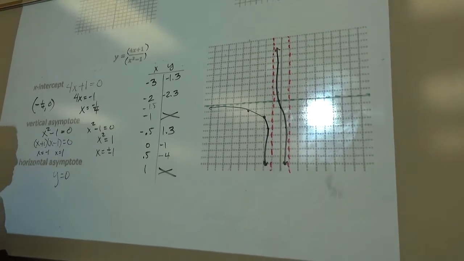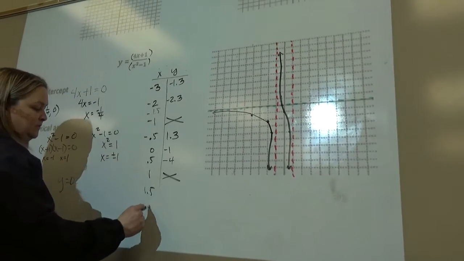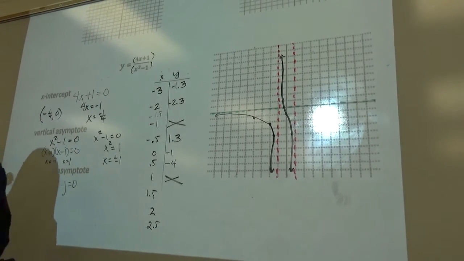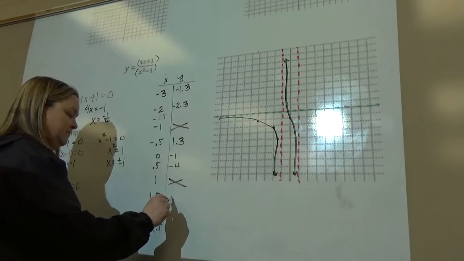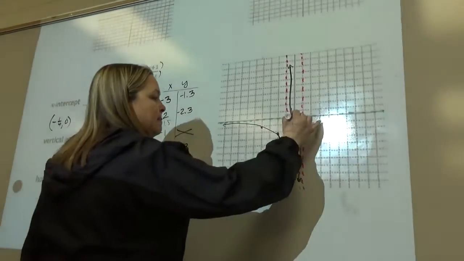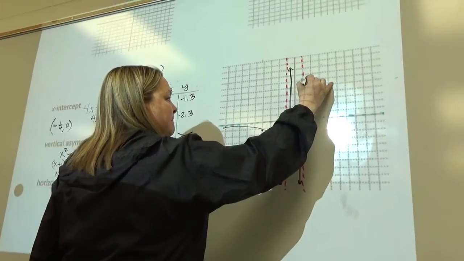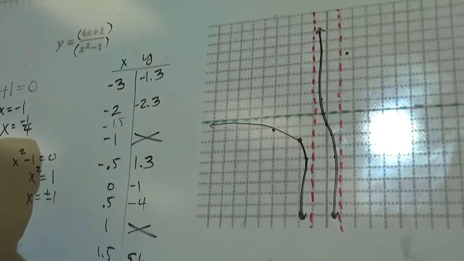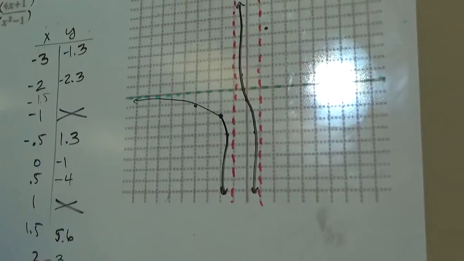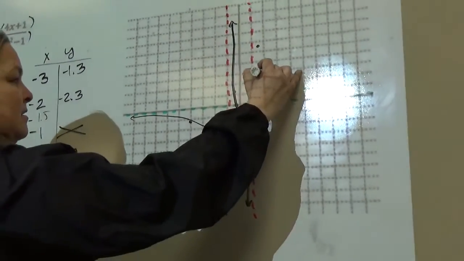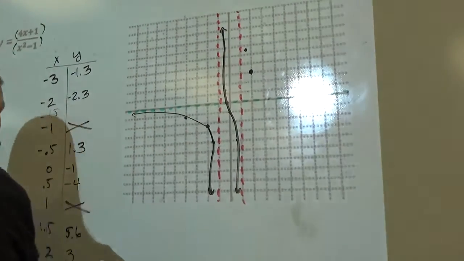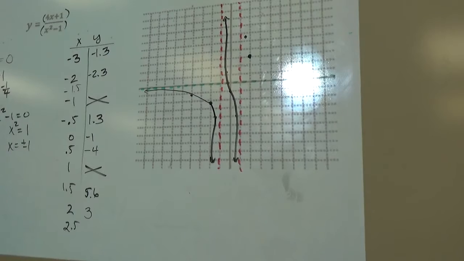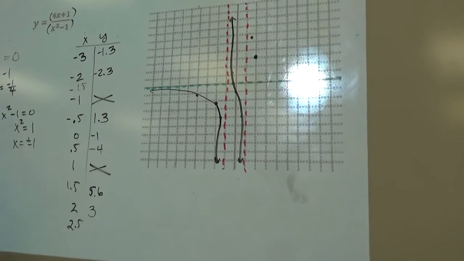Okay, the other side, I'd probably try 1.5, 2, and 2.5. What shows up at 1.5? 5.6? At 2? 3? At 2.5? 2.09?